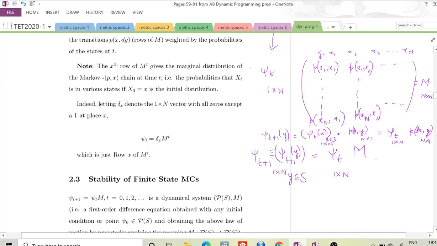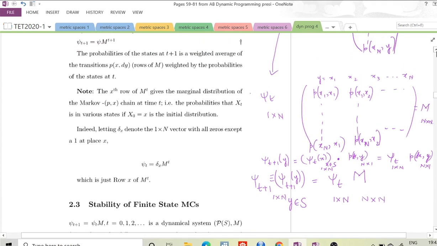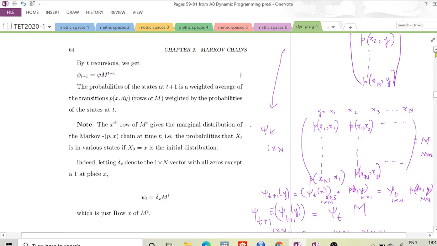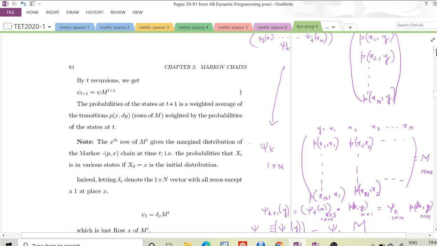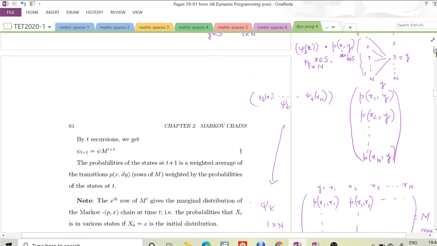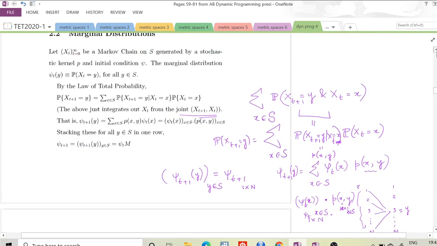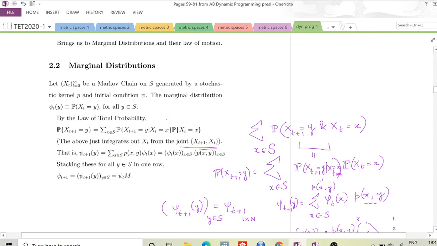Then I get this matrix equation. Okay, the matrix equation gives me marginal probabilities of being in various states y at t plus 1 as a product of marginal probabilities of being in various states at time t times the conditional transitions to these states y. Okay.